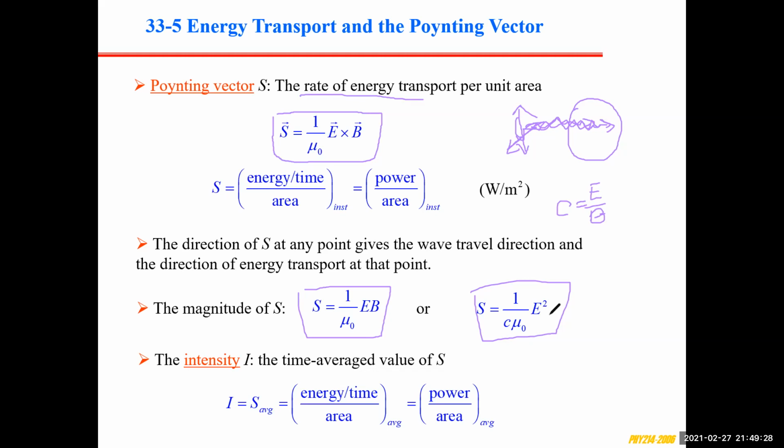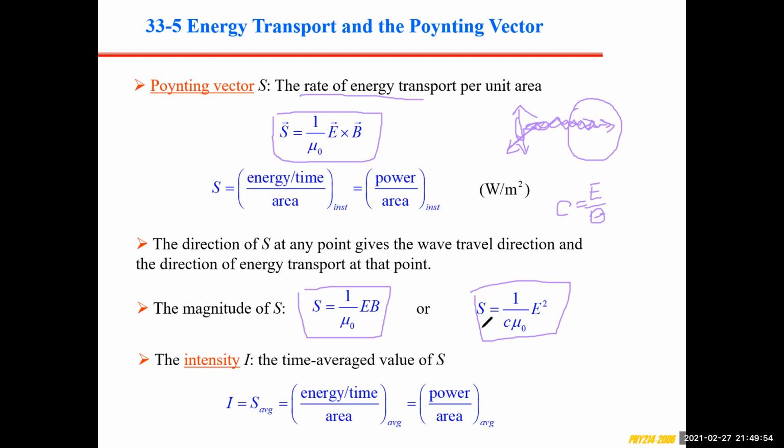We are also interested in knowing the average value of the energy transport per unit area per meter squared. So we call the time average value of the Poynting vector the intensity I.